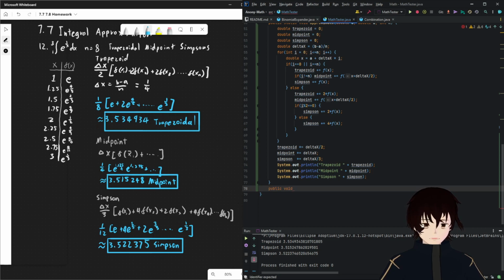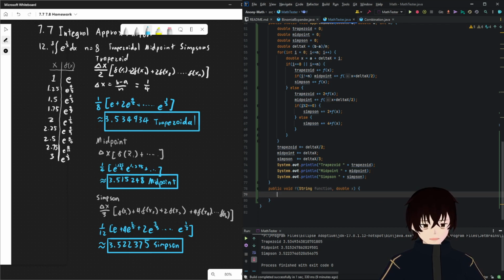Let's try it. With a healthy dose of recursion, we might be able to just write a single method for it.